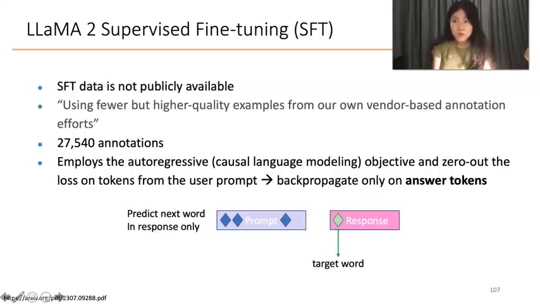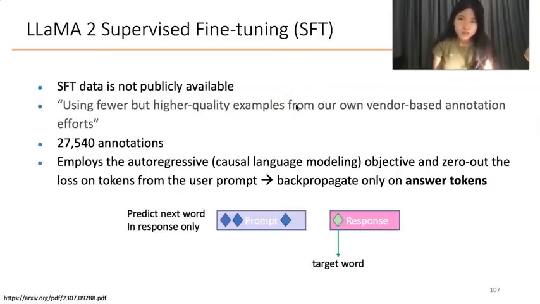So for Llama, that's all for the pre-training. And for Llama 2, supervised fine-tuning. Llama 2 does supervised fine-tuning on more than 27K annotations. This is high quality data, high quality examples.